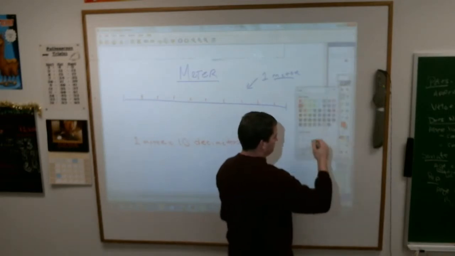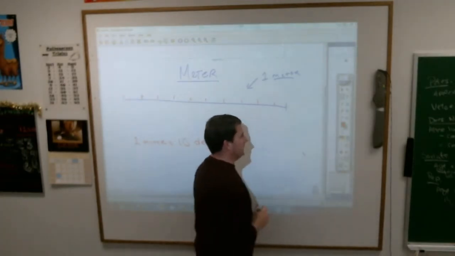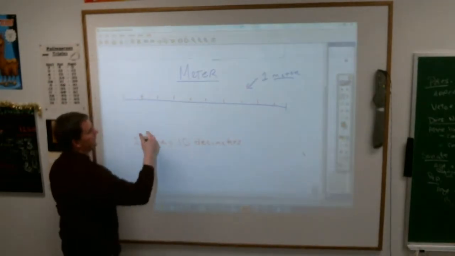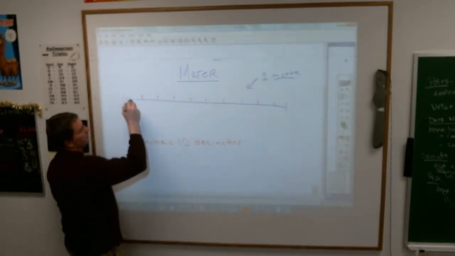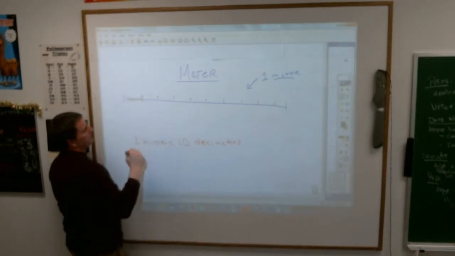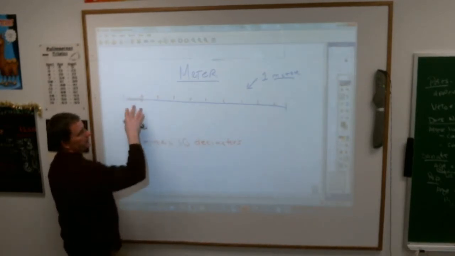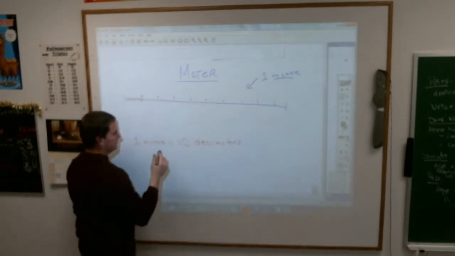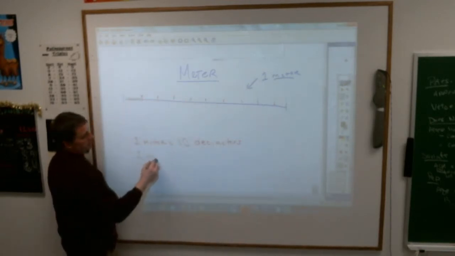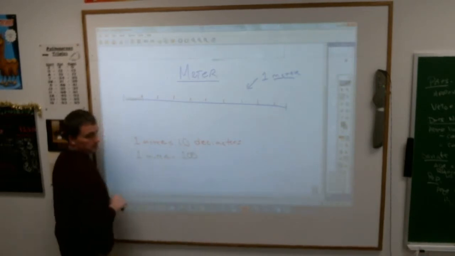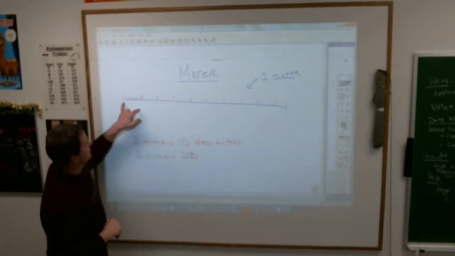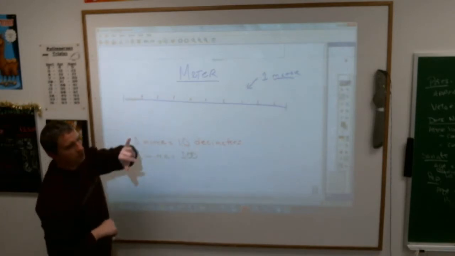If you take each decimeter, there's 10 of them, and cut it into 10 equal parts, 1, 2, 3, 4, 5, 6, 7, 8, 9, 10. Each one of those, by the way, if I have 10 groups of 10, 1 meter is going to equal 100. Each one of those things is about the width of your pinky.